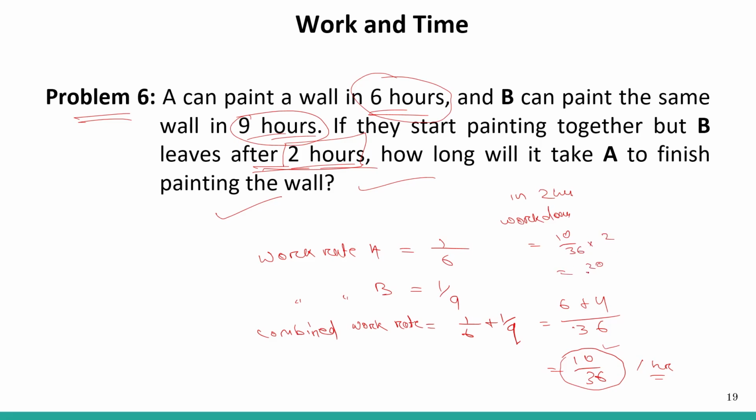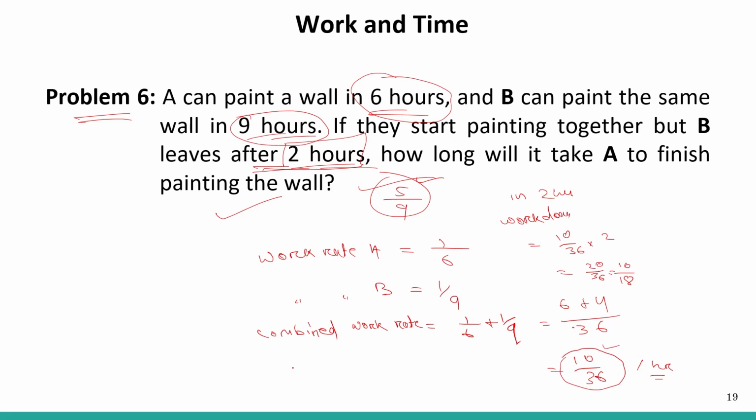That is equal to 20 by 36, which is 10 by 18, which is nothing but 5 by 9. So 5 by 9 of the work is done in 2 hours. Okay, so how much is the remaining work?